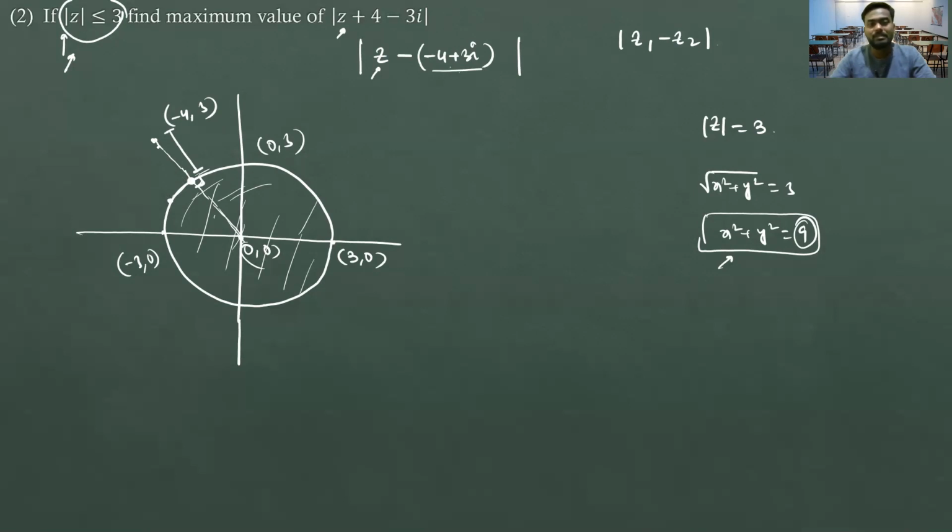So the minimum length will be basically between this point and this point, and if you join these points, it will always go through the center of the circle, and go up to this. So the minimum length will be this, and the maximum length will be this, right? From here to here you will be getting the maximum length, and from here to here you will be getting the minimum length.